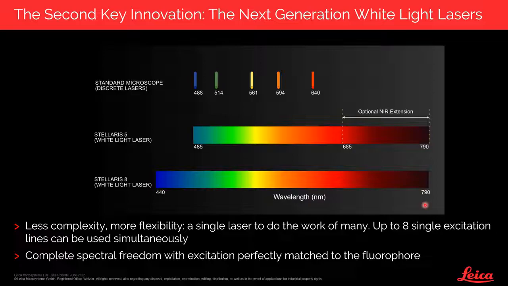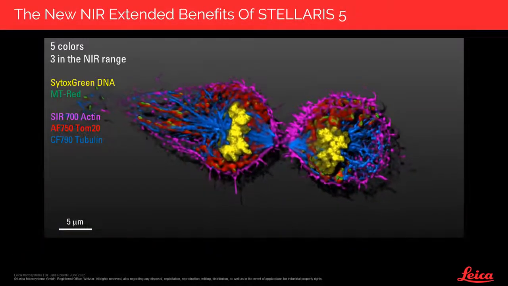A key and very interesting point here is that the white light laser range for all members of the Stellaris portfolio can offer excitation, as I mentioned, up to the NIR range, which offers extra benefits combined with the NIR detection capabilities of the Power HyD detectors.